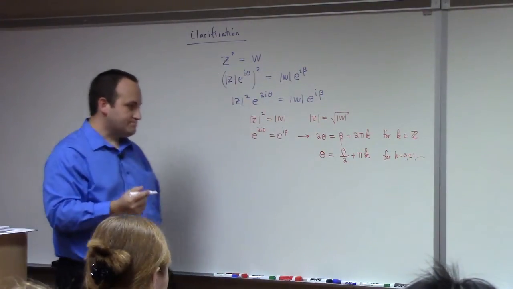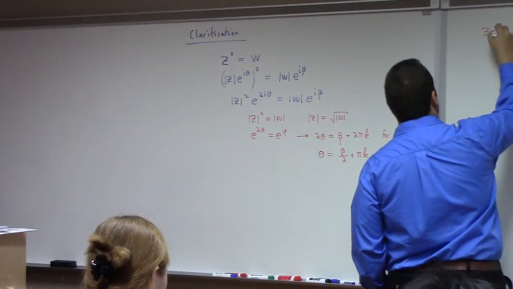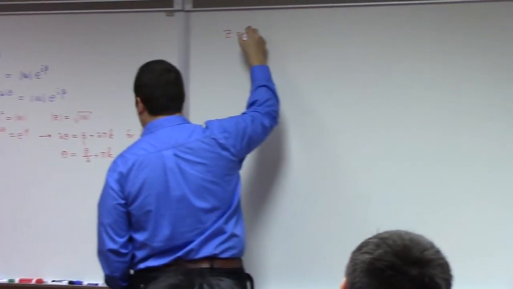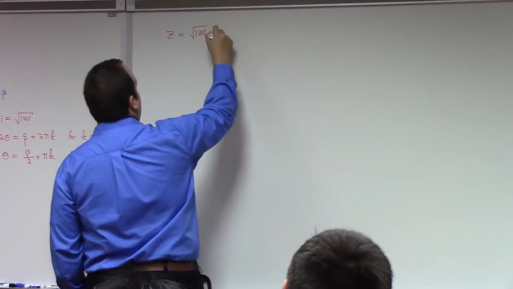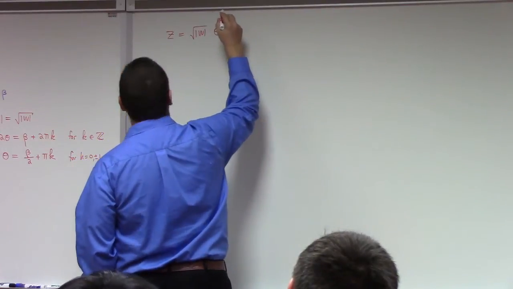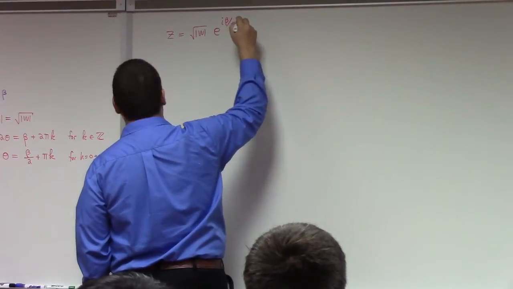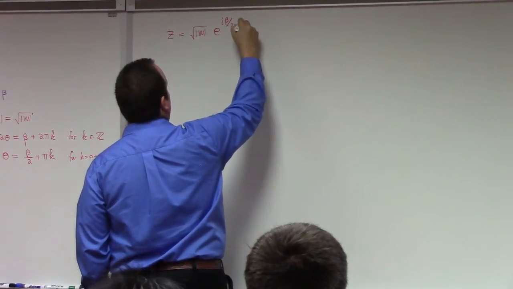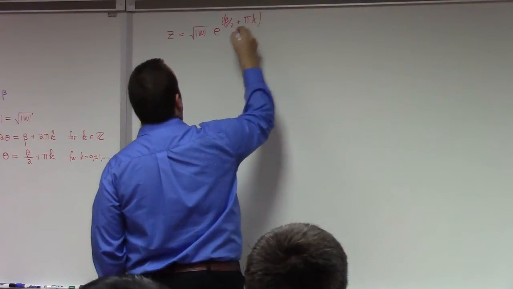But here's the thing. When you look at that, our solutions are of the form z is equal to the square root of the modulus of w, e to the i beta over 2 plus pi k, and I can simplify that a little bit, right?